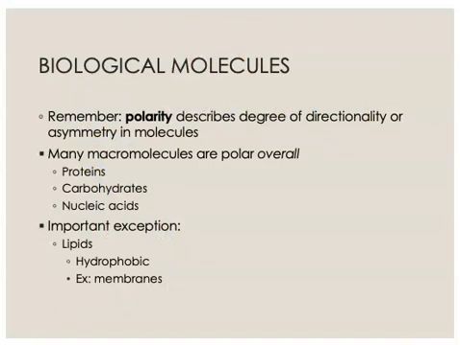So when we use this term polarity in biology, we're often talking about this characteristic, this asymmetry that we see in some molecules. Molecules that contain polar covalent bonds also contain partial charges. They are asymmetrical because of those partial charges.